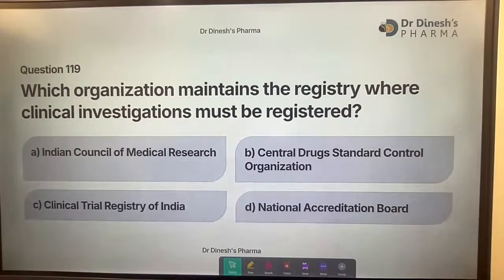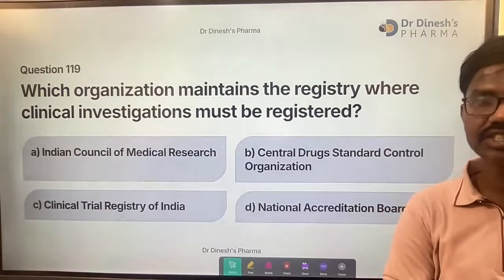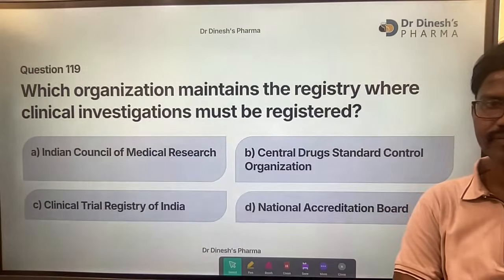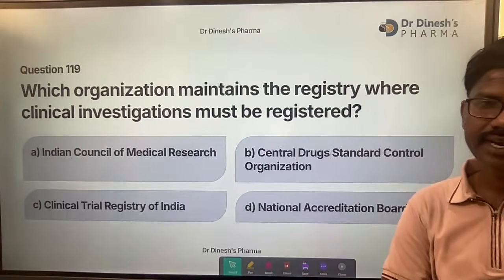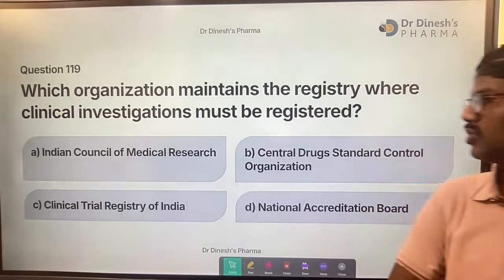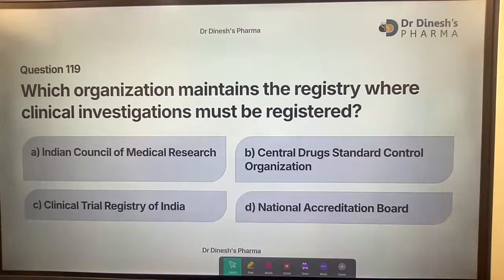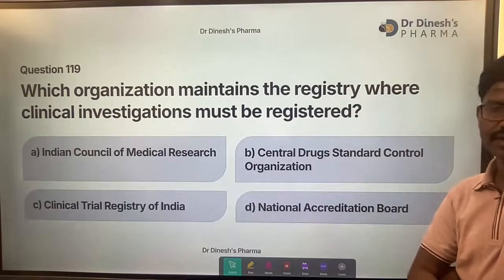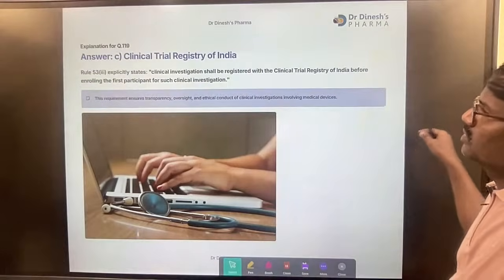Next question. Which organization maintains a registry where clinical investigations must be registered? Which registry do they maintain? The right answer, Pavani: the Clinical Trial Registry of India. Not CDSCO, not ICMR, not NABH.